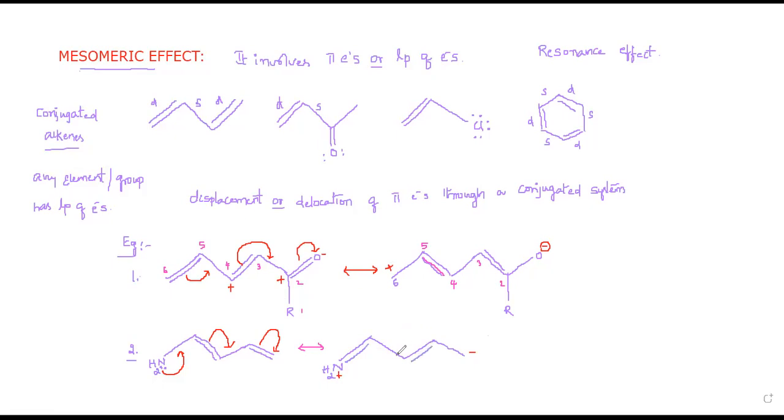So this is about the resonance structures represented for a group, for an atom containing a group, and involvement of pi electrons, here involvement of lone pair of electrons, right? Let me go with the delocalization.